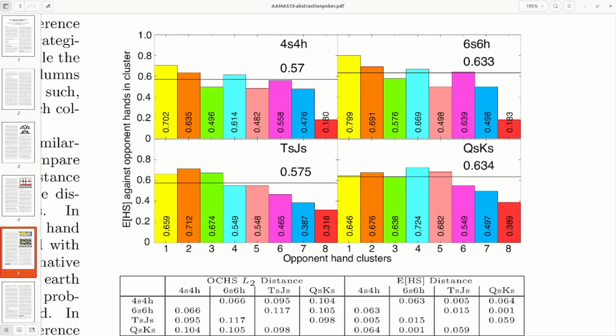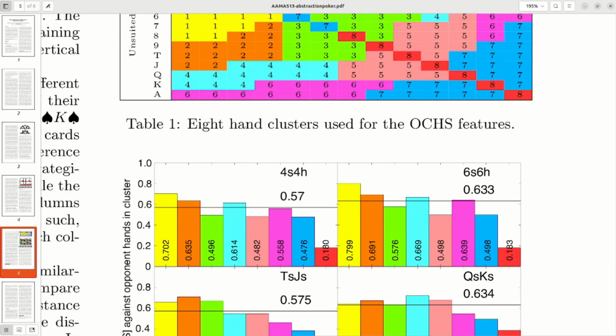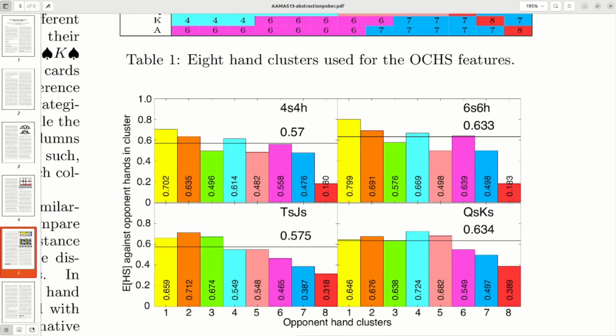Potential aware abstractions improves on this. Here, for 4-4, the feature vector has these different numbers, which are the equities versus these different groupings on the river. This would be its vector no matter which street we're looking at, whether we're on the flop, turn, or river. Instead, we make a feature vector where the first element is not how you do on the river against a certain grouping of hands, but the probability that you're going to end up in a specific bucket on the next street.